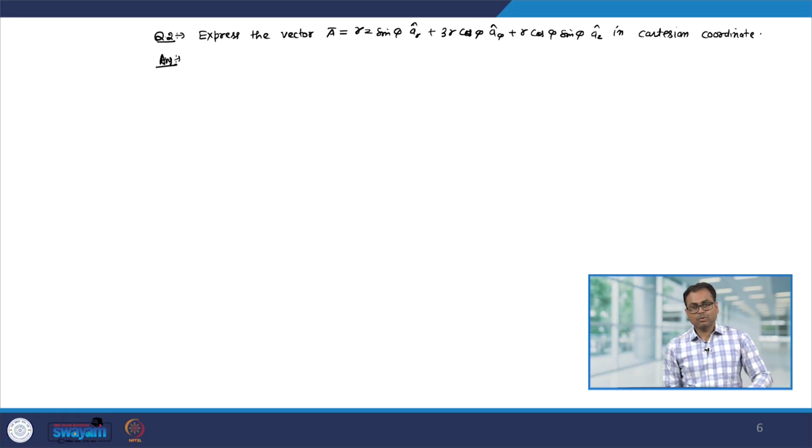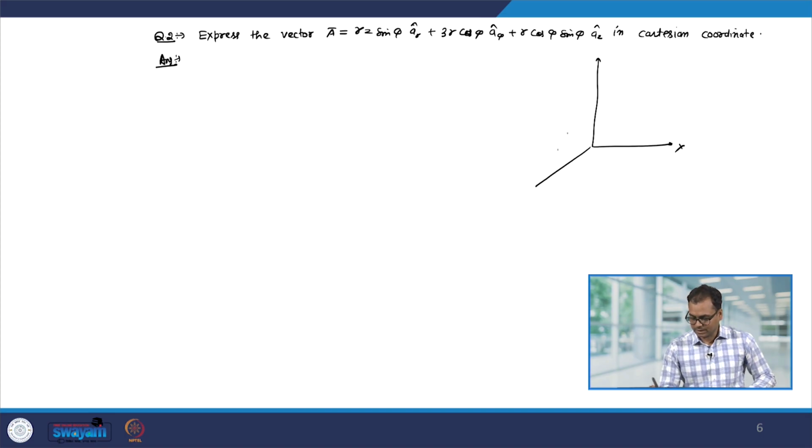Okay. So, note that this vector is given in terms of a r, a phi and a z. Therefore, this is written in the cylindrical coordinate system. So, we have x axis, y axis and z axis, and in cylindrical coordinate you have r, which is the radius of the cylinder, its height z, and then phi is the angle that this r makes from the x axis.